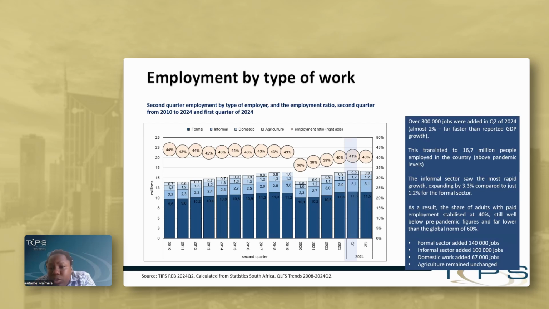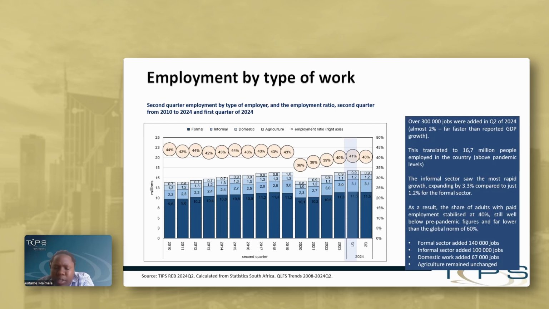The informal sector saw the most rapid growth, expanding by 3.3% compared to just 1.2% for the formal sector. Another issue is that the share of adults with paid employment in South Africa stabilized at 40%, but this is still below pre-pandemic figures and far lower than the global norm of 60%.